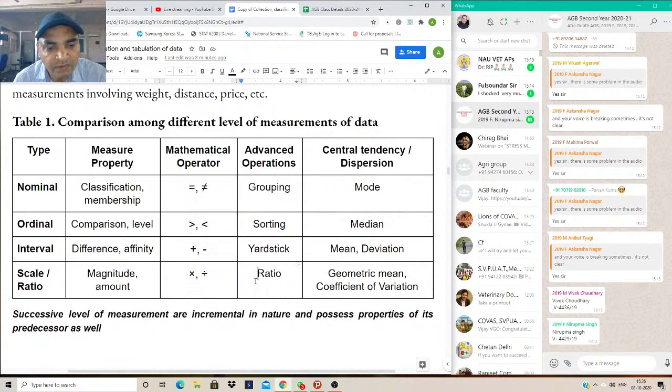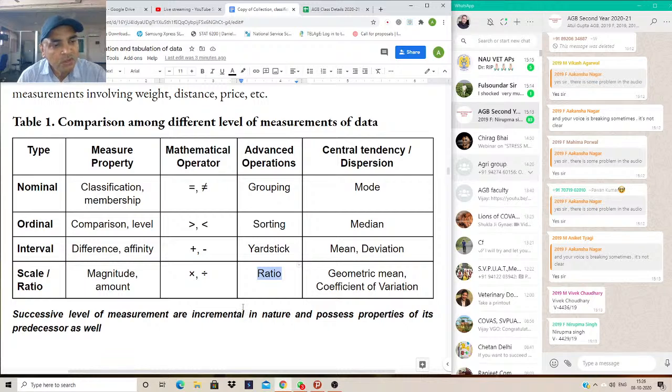And the advanced operator you can apply is ratio. You can also find the ratio between the numbers, and geometric means, coefficient of variation, and even all the statistical parameters can be applied to scale or ratio type. So mode, median, mean, deviation, everything can be applied to scale and ratio.